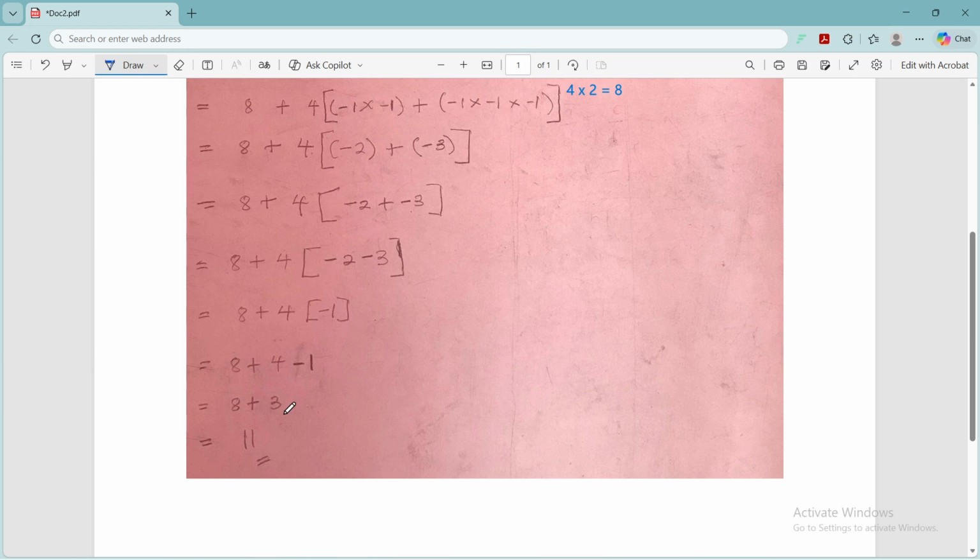So we are going to have our new equation to be 8 plus 3, because 4 minus 1 is 3. So we are going to have our final answer to be 11. 8 plus 3 is 11, right?